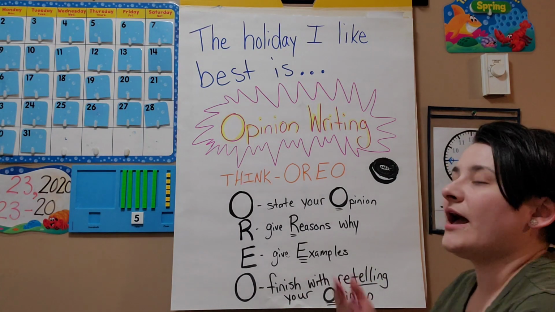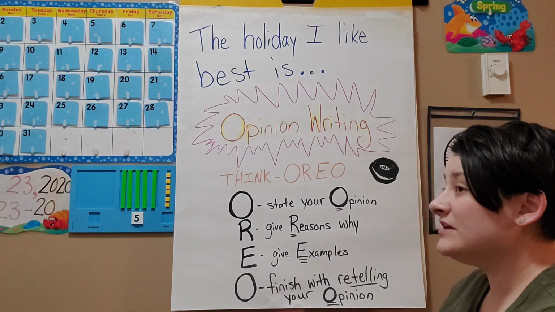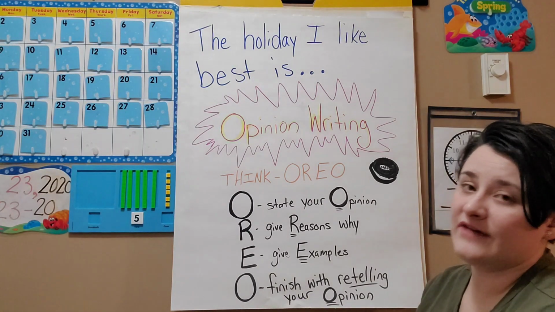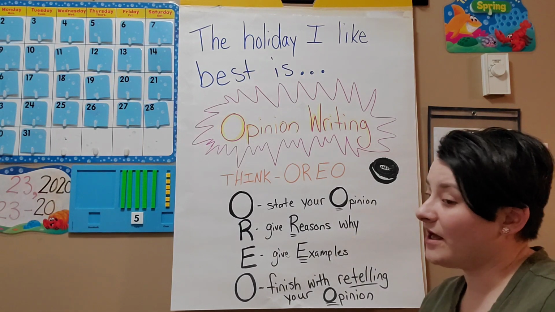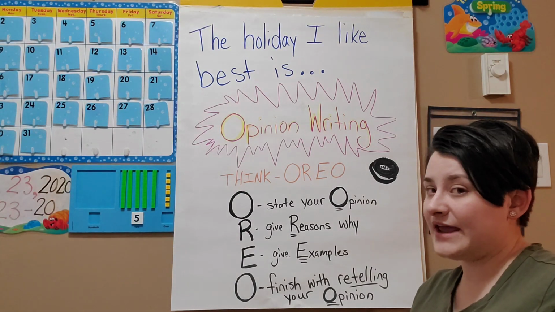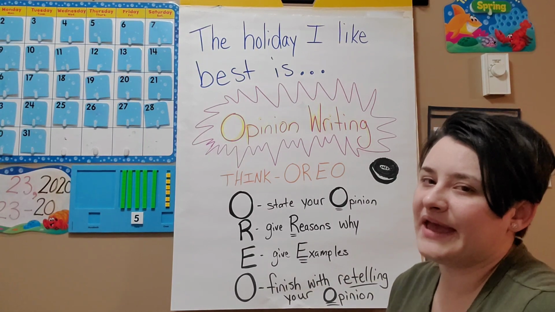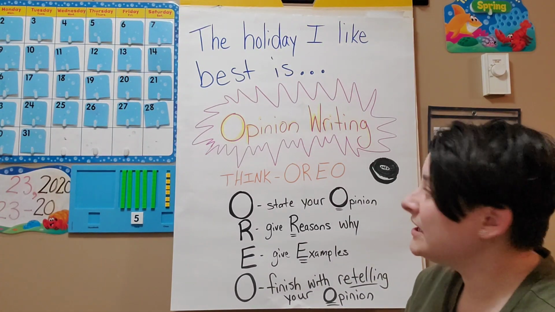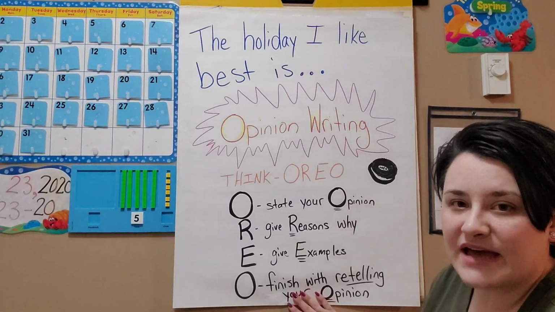That is why I love the 4th of July. Or these are my reasons for loving Easter. Or that is why Halloween's the best holiday in my book. Anything like that is a really good wrap-up ending sentence. Okay? So this Oreo idea can definitely help you.